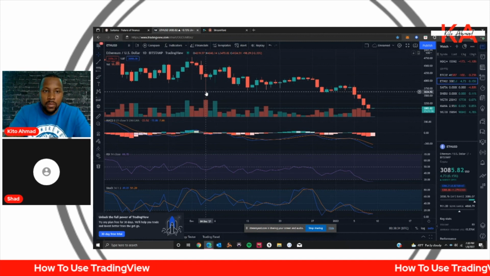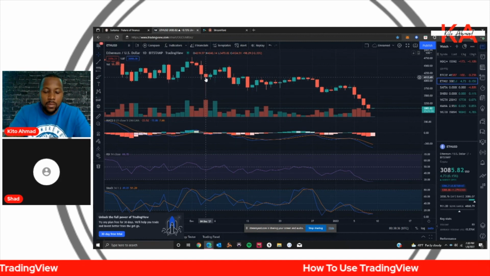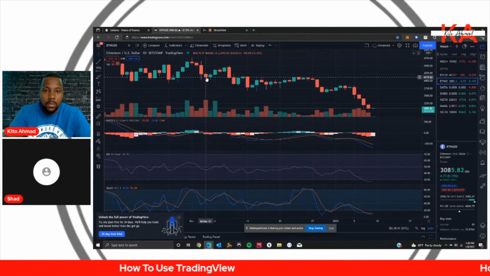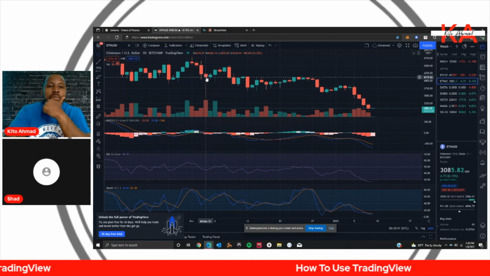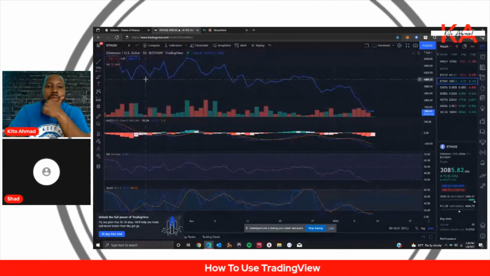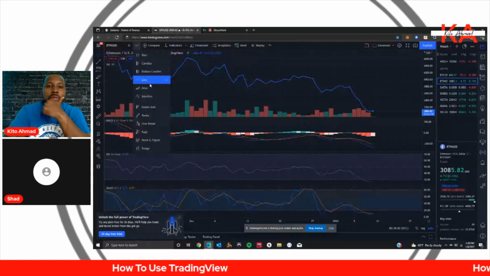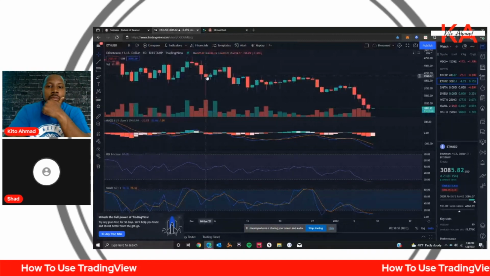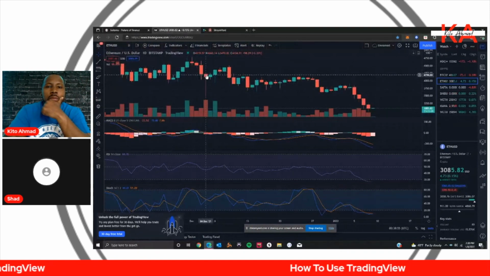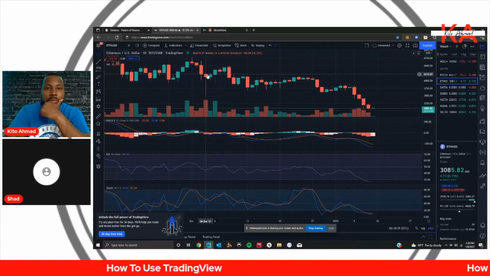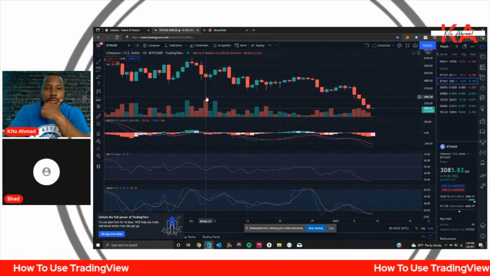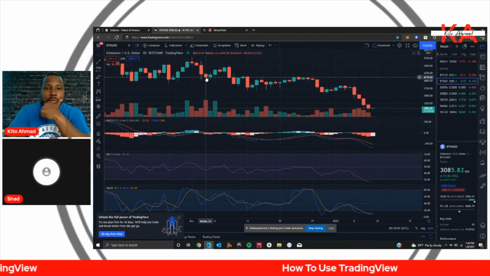And then the bottom that secures the block is where it closed. So you have more information in this one piece of data as opposed to looking at a line graph, right? You have a more intimate, detailed look at what the price of the stock or cryptocurrency did for the day. It opened at this point, got its low at this point, and then closed right here for the day.